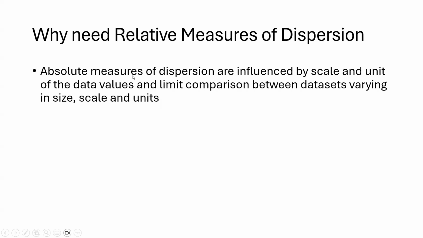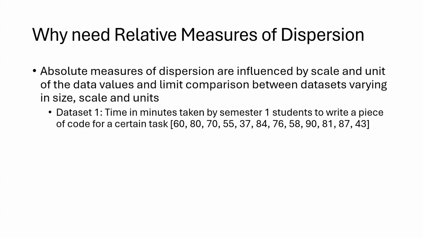It says that the absolute measures of dispersion are influenced by scale and units of the data values. And because of this, it limits the comparison between data sets, which vary in size, scale, and units. Let's see this data set one, which is the time in minutes taken by semester one students to write a piece of code for a certain simple task.